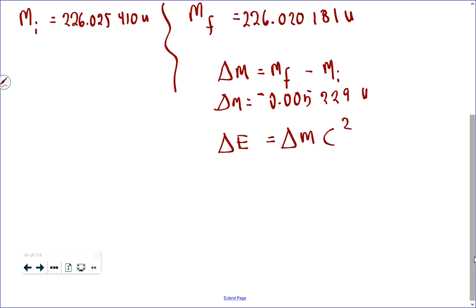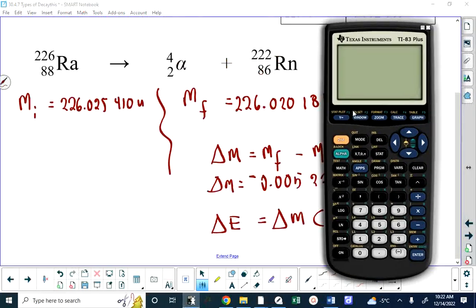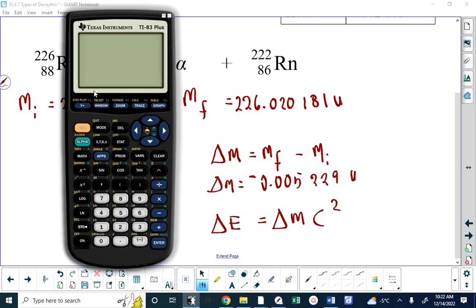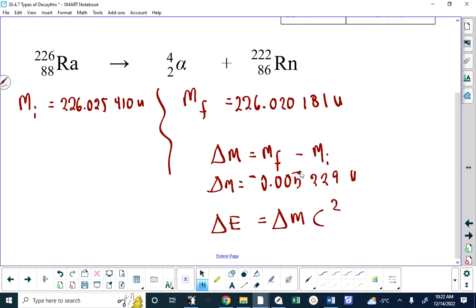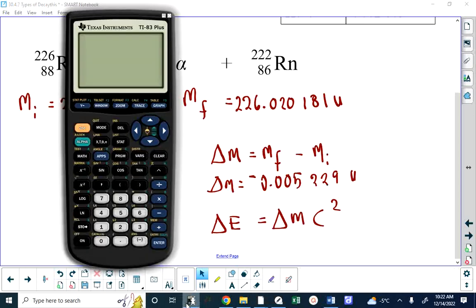This formula will only work in kilograms, so you need to take now that number of atomic mass units and multiply by how many kilograms one atomic mass unit is. Which, I mean, you probably remember, but it was only yesterday that I introduced you to that. It is on your formula sheet. And I get that.